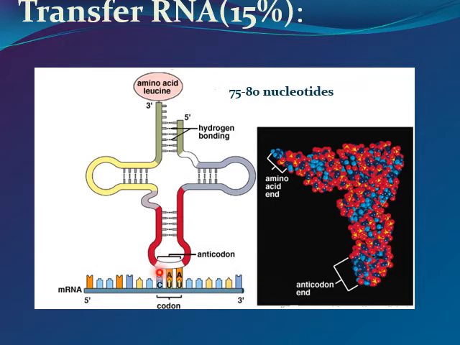At one end, a single-strand loop of the folded molecule contains a special triplet of bases called the anticodon. This anticodon is complementary to the codon on the messenger RNA. At the other end, it contains specific sites for specifying the amino acids.